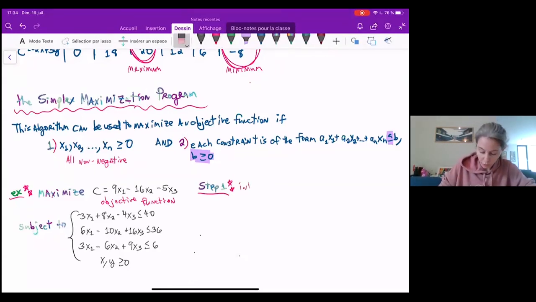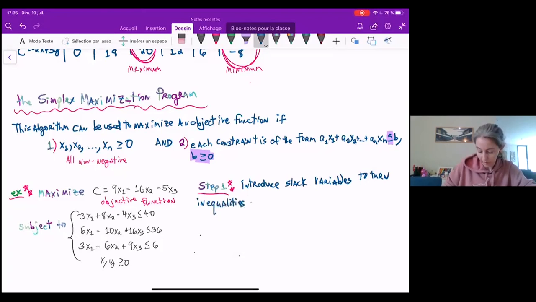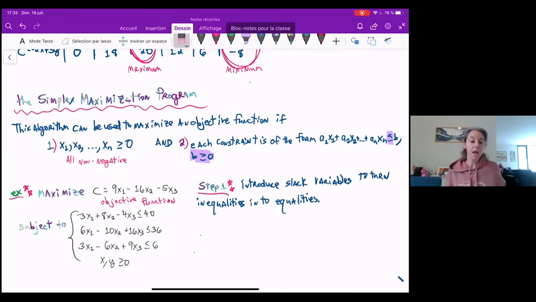So step one: introduce slack variables to turn inequalities into equalities. So basically what we're saying is that in negative 3x1 plus 8x2 minus 4x3 less than or equal to 40, there's some x1, x2, x3 that will cause this to either be equal to 40 or to be less than 40.